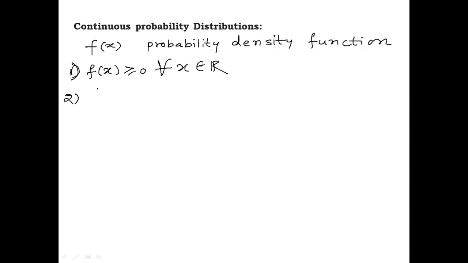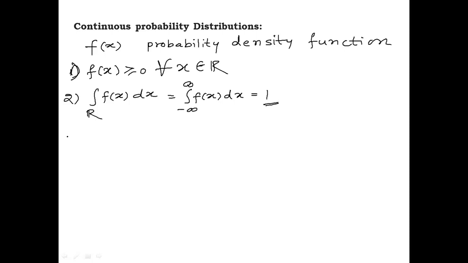And the second is the integration of f of x dx, or you can say integration minus infinity to plus infinity f of x into dx, is exactly equal to 1. So if these two properties are satisfied by some f of x, then we can treat it as a probability density function. That is the formula for a continuous type of random variable.